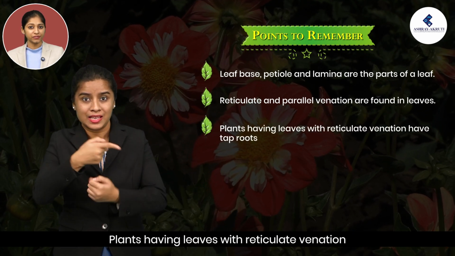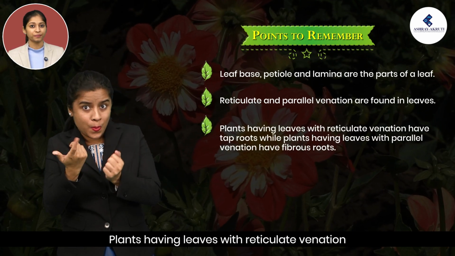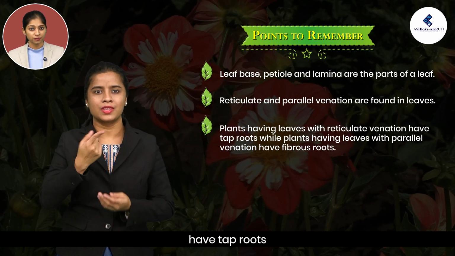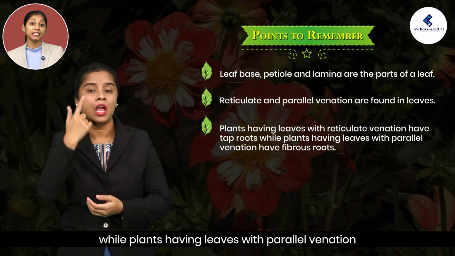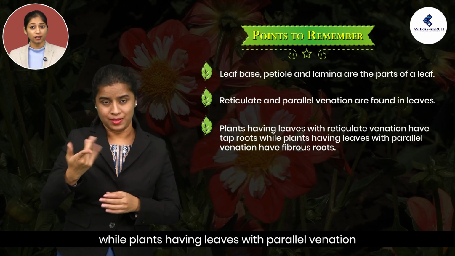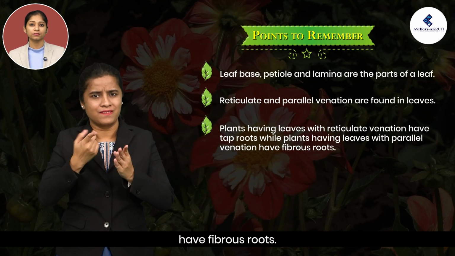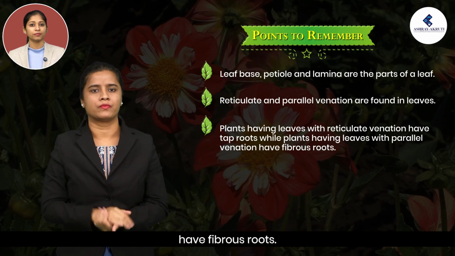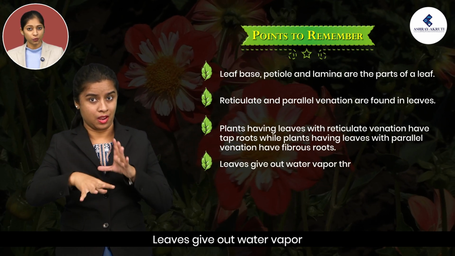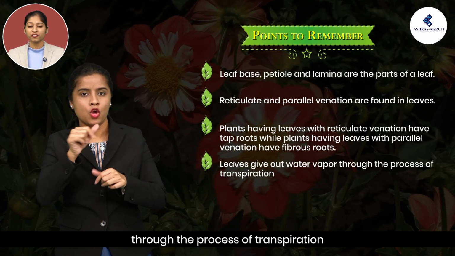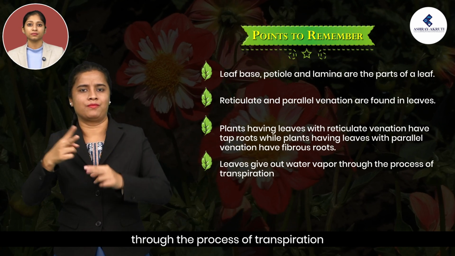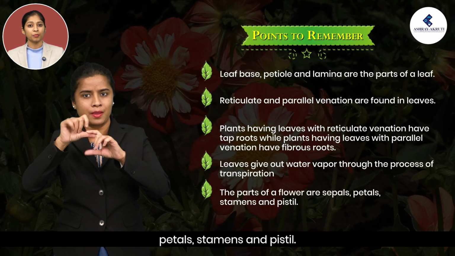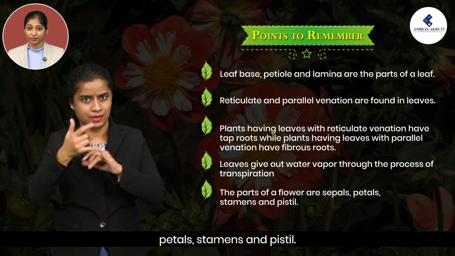Plants having leaves with reticulate venation have taproots, while plants having leaves with parallel venation have fibrous roots. Leaves give out water vapor through the process of transpiration. The parts of a flower are sepals, petals, stamen, and pistil.